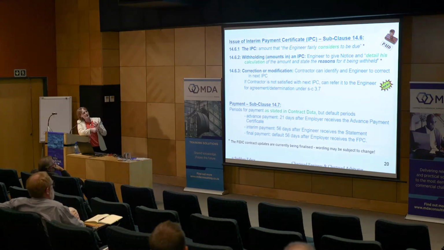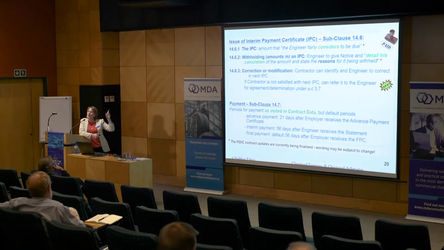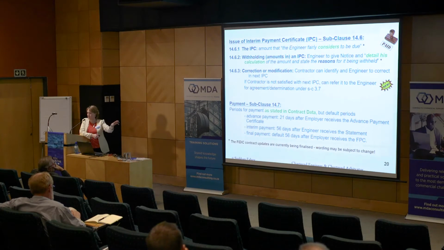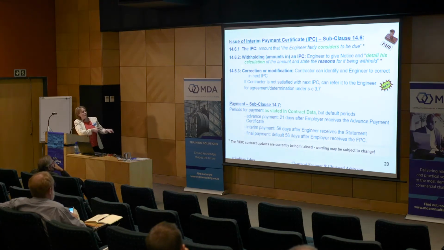Now, the contractor makes his application for payment, and the engineer is under an obligation to look at the amounts that the contractor has applied for, and then basically pay that amount, except for amounts that he withholds. Okay, and then we get into 14.6.2.